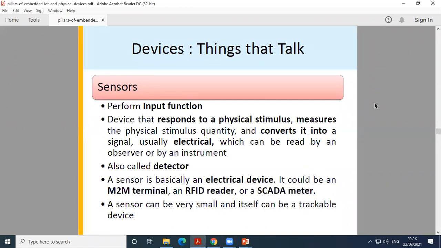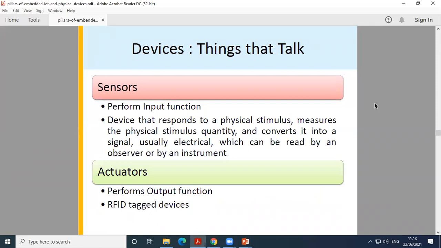Different kinds of sensors are there. One kind is sensors, and another is actuators. A sensor performs input functions and an actuator performs output functions. Like we have seen, RFID tags give some output to the device.